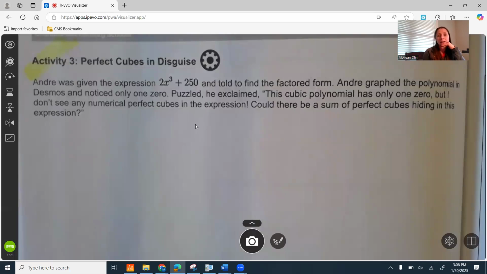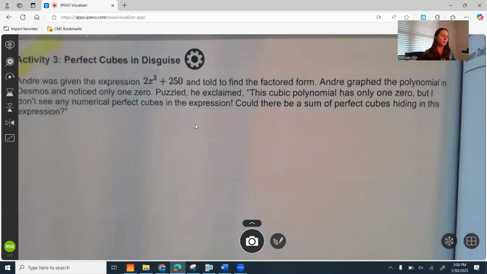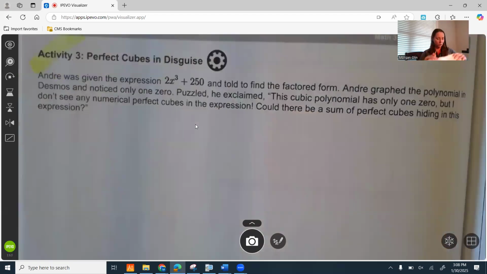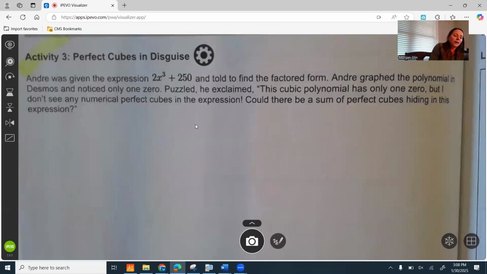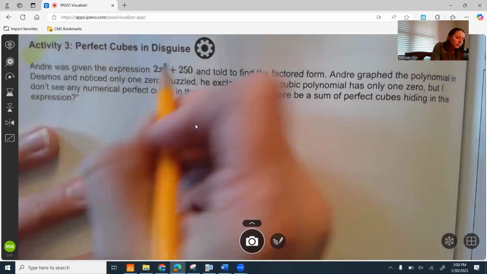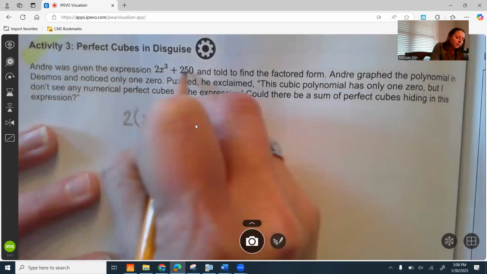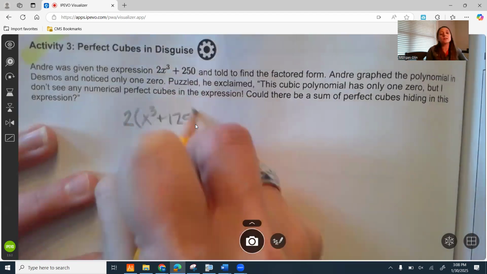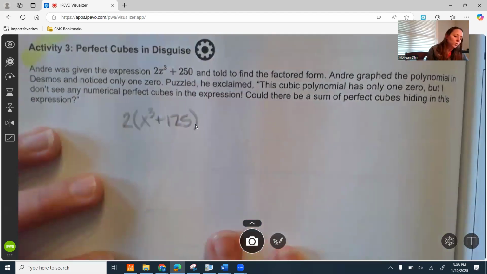Now I want you to look at it. Well, we know 2 and 250 are not perfect cubes, but we've talked about this, and let me look back in number 3 just a second ago. All right, GCF pulls out, a 2 pulls out. If I take a 2 out, it's this right here. And didn't we see this earlier in number 2?